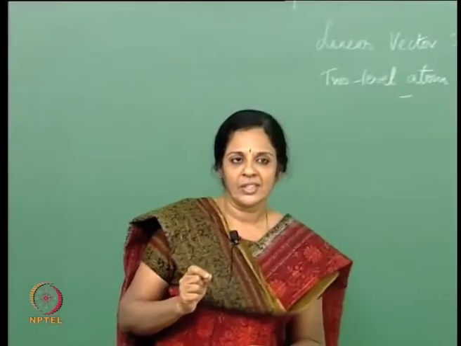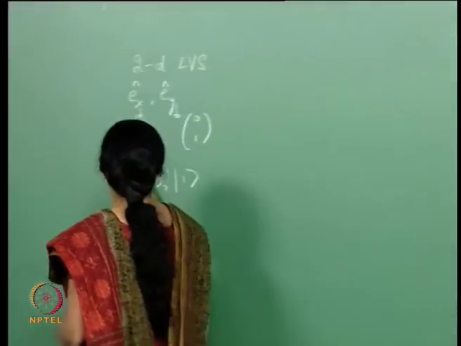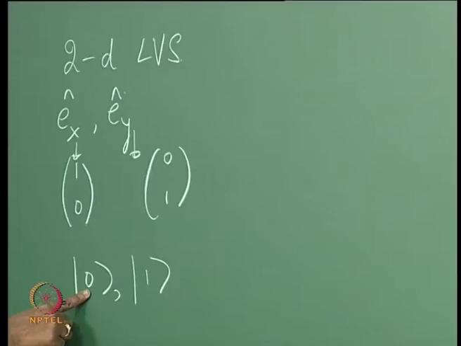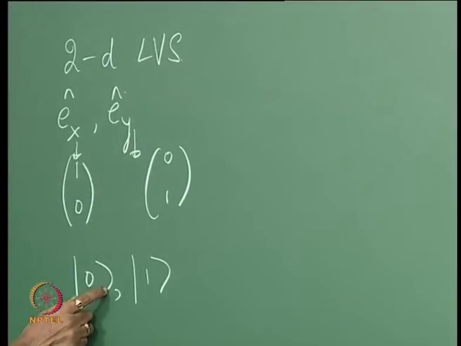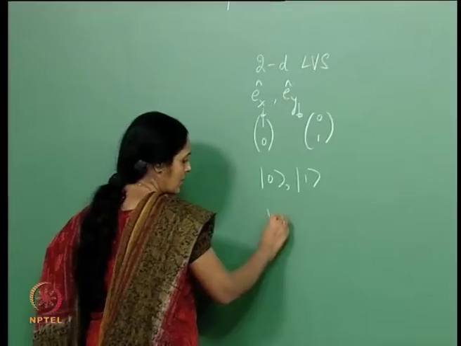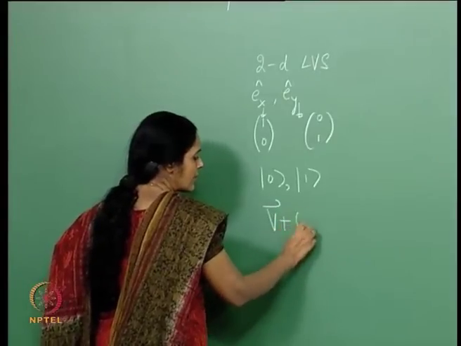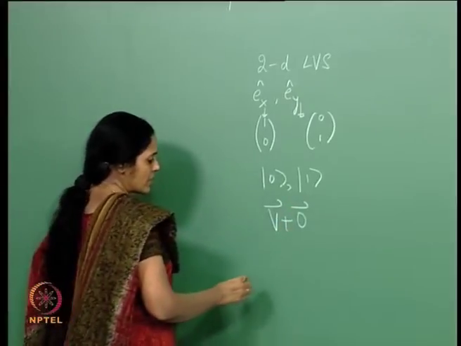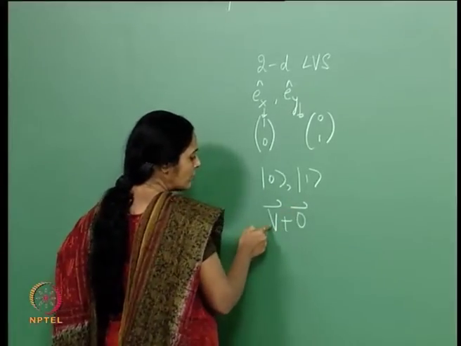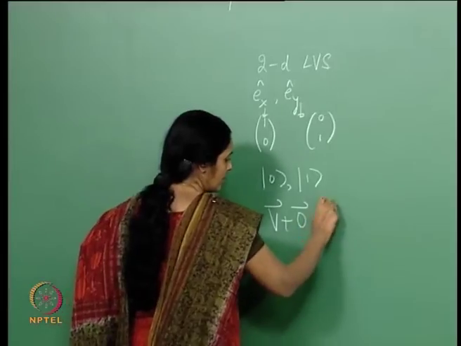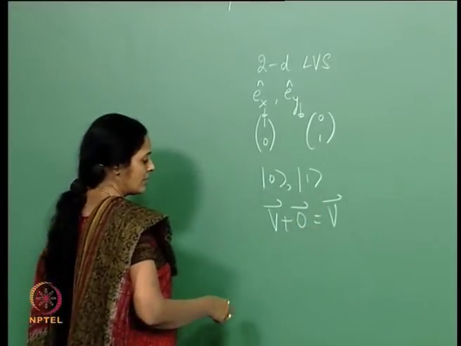I want to emphasize that the 0 here does not stand for the null vector. Earlier, when we discussed the properties of a linear vector space, I said that there is a null vector in the space, and on addition with any other vector, it leaves the vector unchanged.